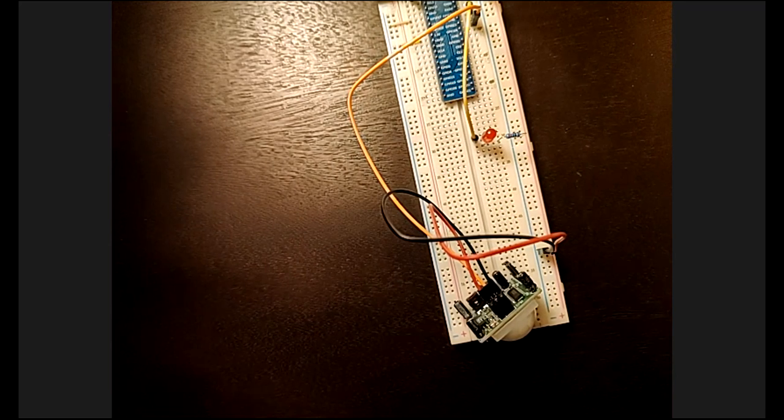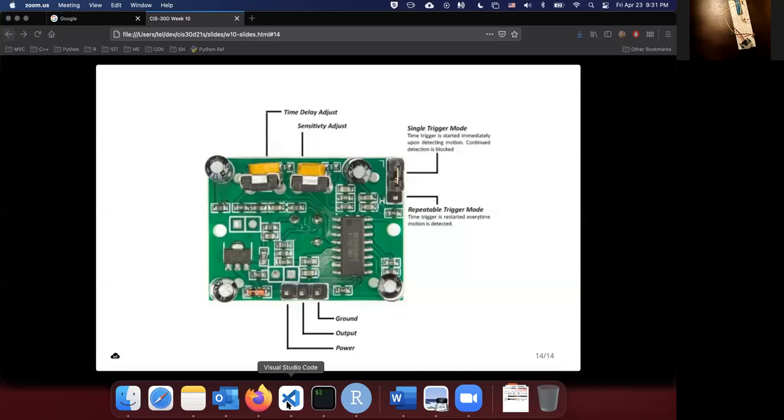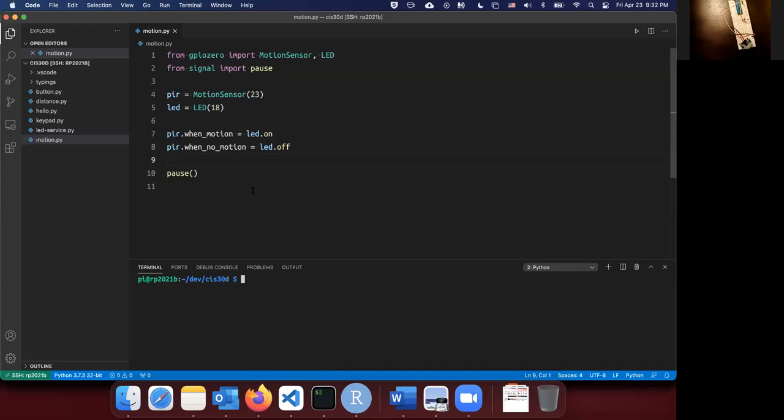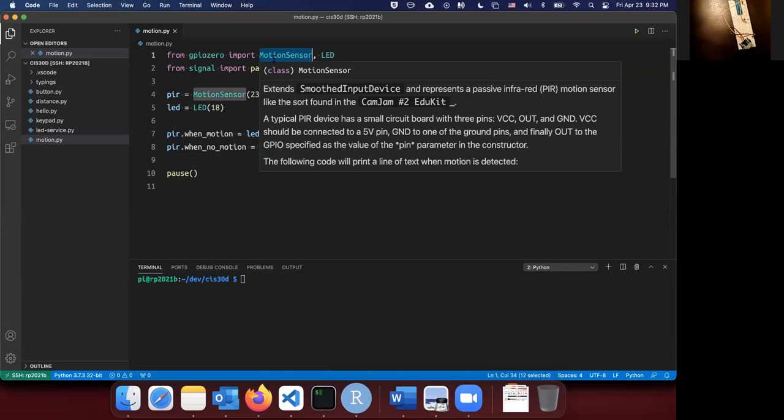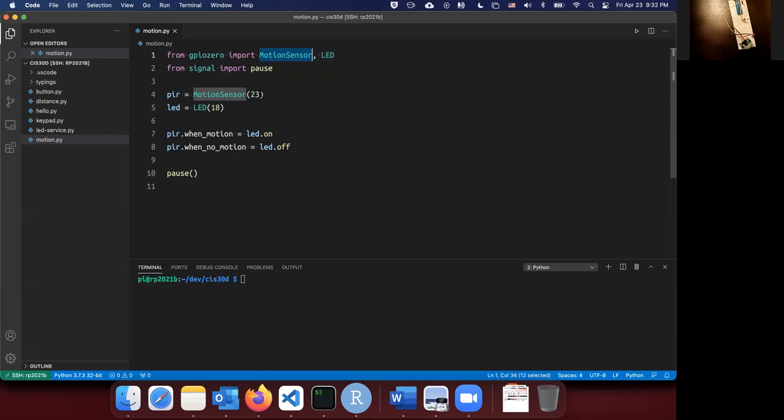All right, let's take a look at the program before I run this. The sample program is very simple. Again, you'll see a similarity. I've seen a couple of examples so far with the input devices. Here, we're going to use the MotionSensor class from gpiozero and initialize it with pin 23. Of course, you can use whatever you want.